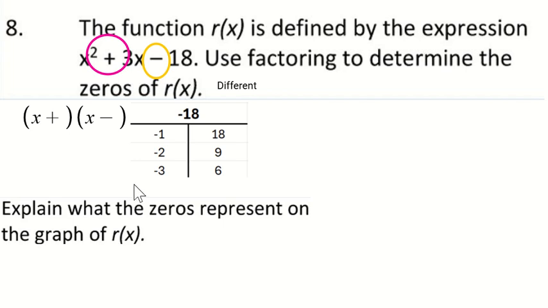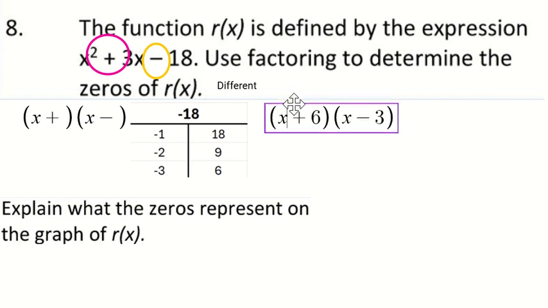And negative 3 plus 6, that's going to be 3. That's the one we want then, right? So we put the numbers into this, and that gives us x plus 6, the bigger number being positive, and x minus 3.